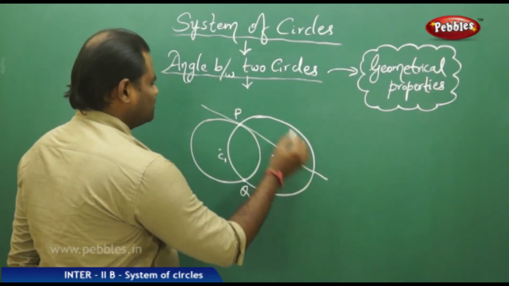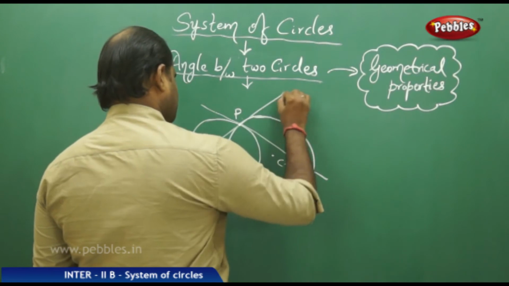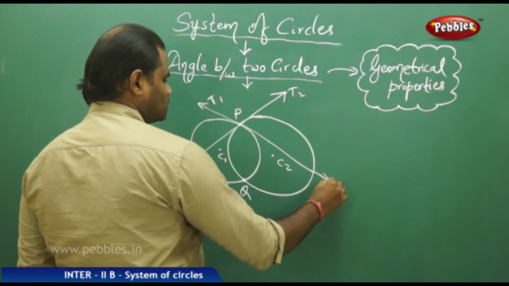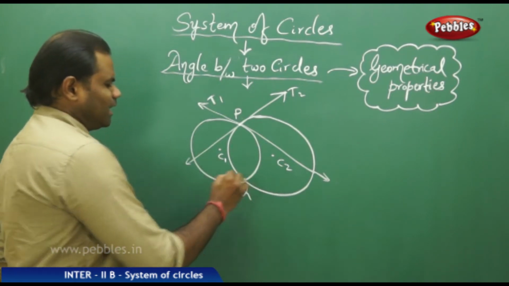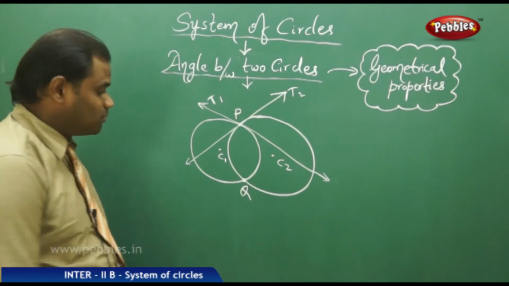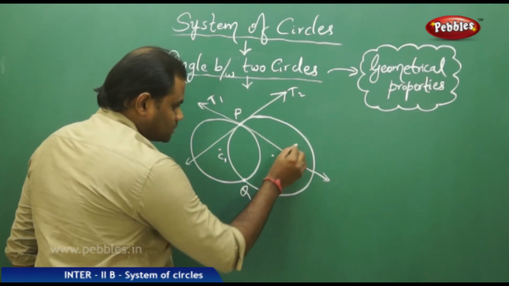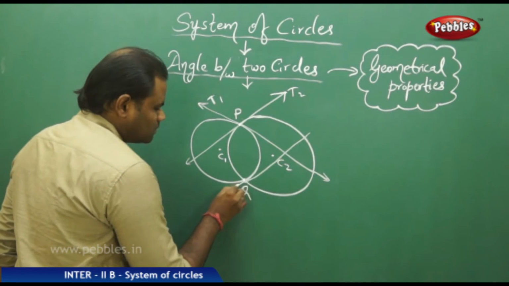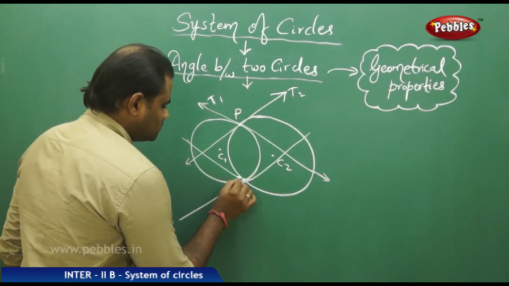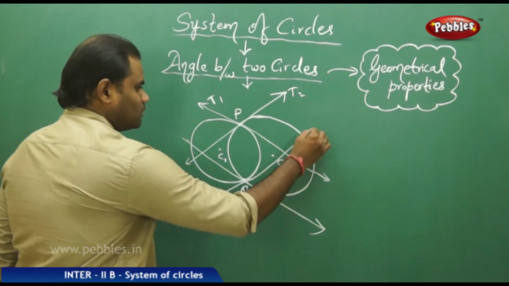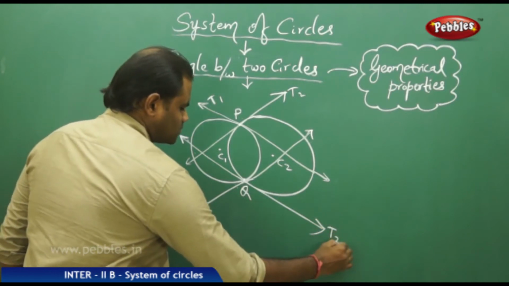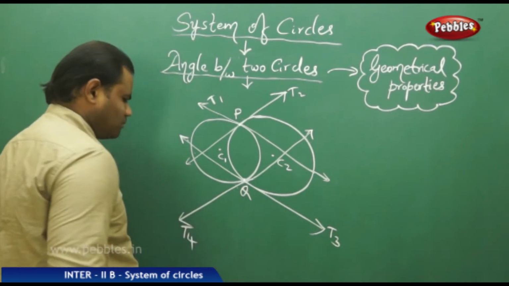For these two intersecting circles, we have defined the angle between two circles as the angle between the tangents T1 and T2. Similarly, at the other point of intersection, I can take tangents from here and here, which I denote T3 and T4.